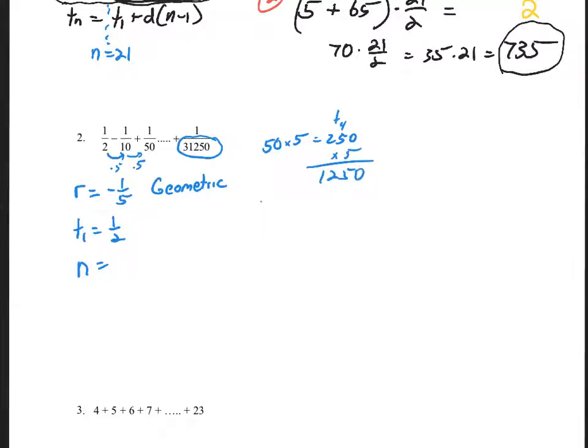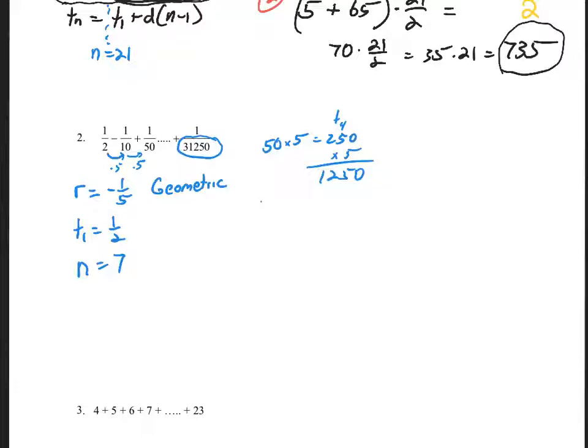You can just do a little check on your calculator, and you'll find that 31,250 would be the 7th term. You could do this using the geometric formula and doing logs, but it's not necessary in this problem. It'd be more efficient if you just take your calculator and keep timesing by 5 and count, and you get up to the 7th term, and there it is.